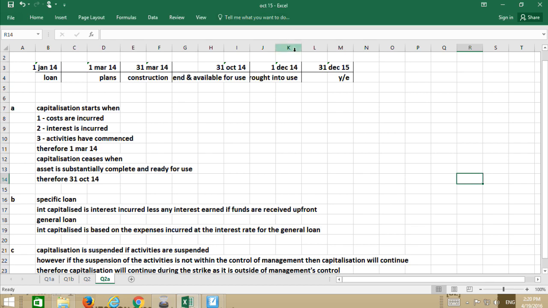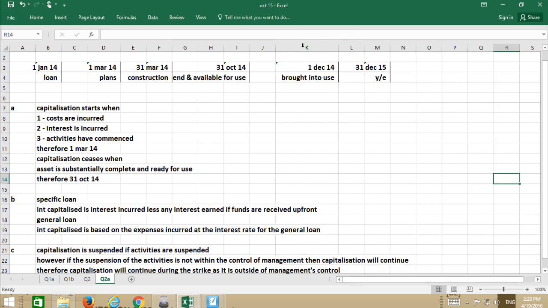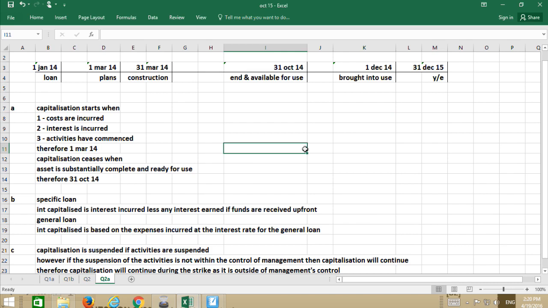So if we look at the dates, what we know is that the first question asks you, when do you start capitalizing, when do you stop? I always draw the timeline for these, because you have to understand when is beginning of year, when is end. That also happens to be beginning, 1 Jan. So I'm going to start capitalizing when the 3 things are met. I have to have been incurring interest. I have to be incurring costs.